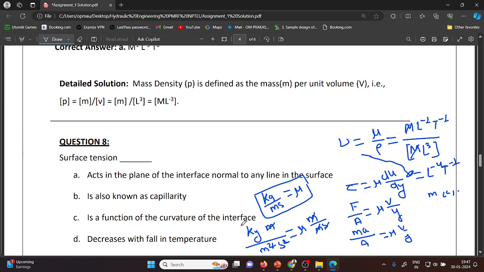Mass in kg, meter per second square, this is your meter square, and the meter per second, and meter cancels, and here second cancels. Now meter cancels, so kg per meter second. We are making some mistake, I think. Second square is not coming here, sir. The acceleration unit is what? Meter per second square, you know.